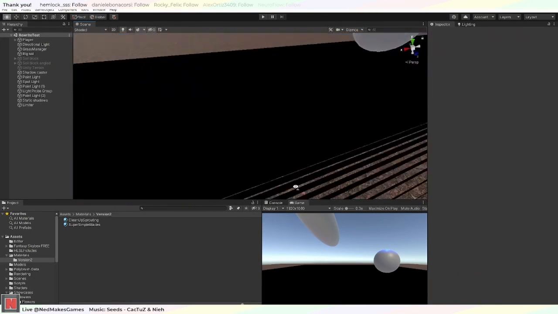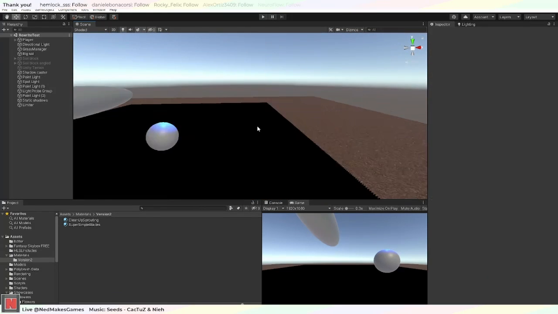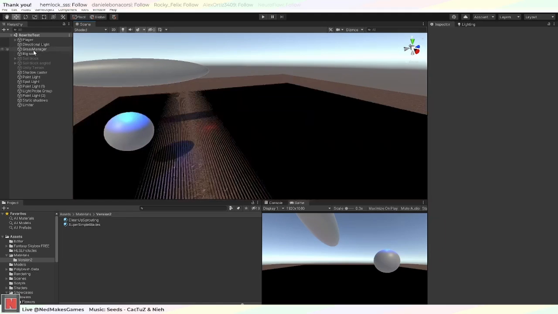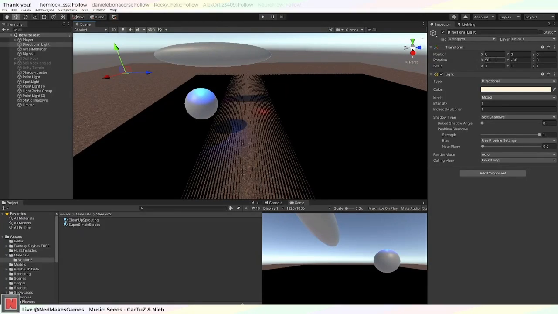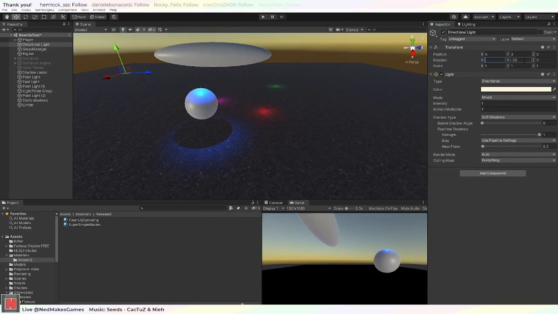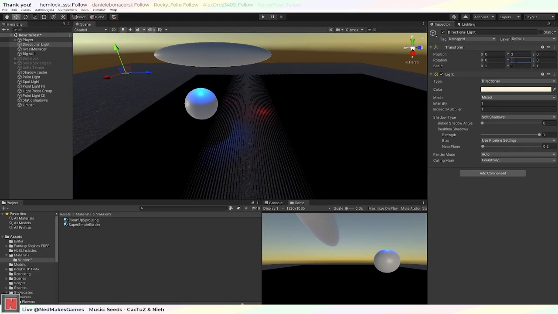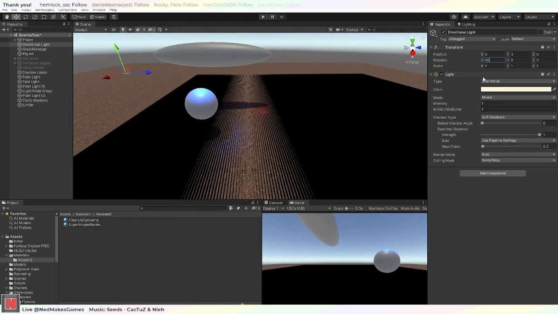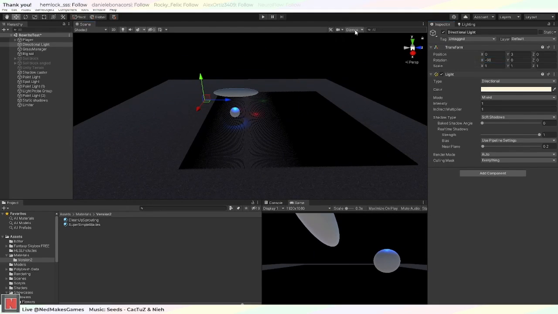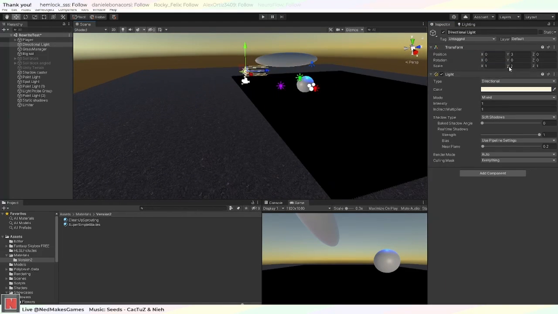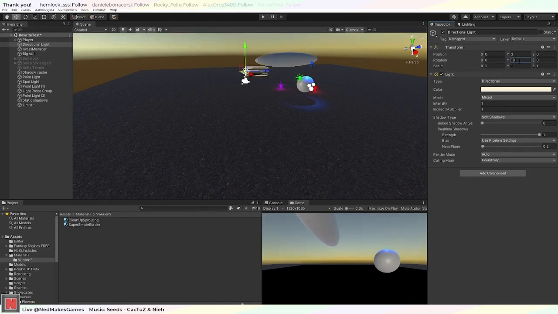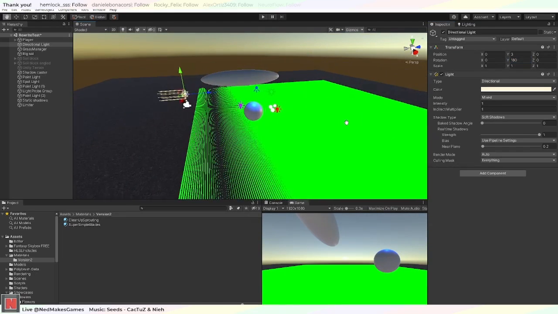Yeah, everything turns black, but that's because the light is pointing at pretty much a right angle. So if I change this, okay, so that should actually be correct, but I guess it's the other direction. Yeah, so now when we do it that way, it's green.